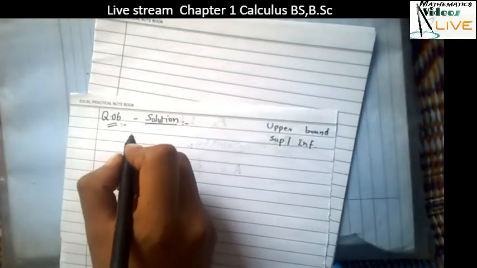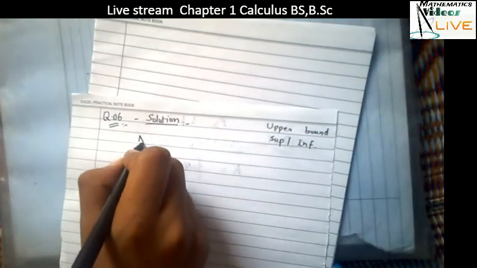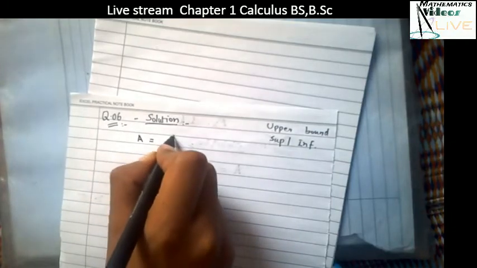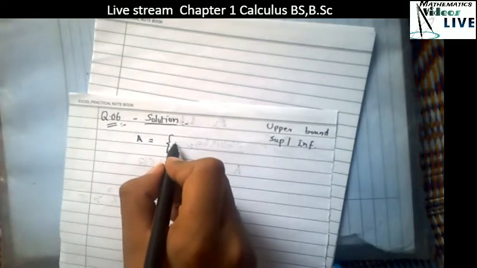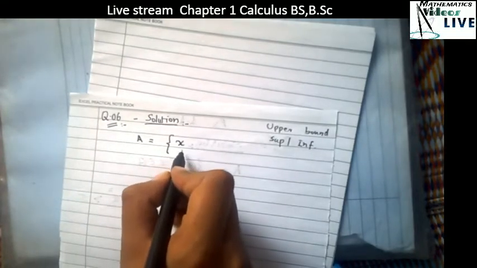According to the requirement of our question, we have to find a set of rational numbers which is bounded above. Since it is bounded above, it must have a supremum. According to the requirement, the supremum must not be a rational number.